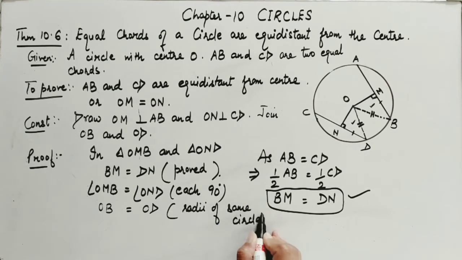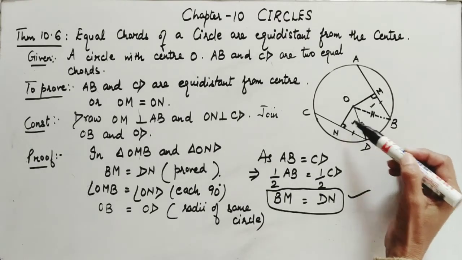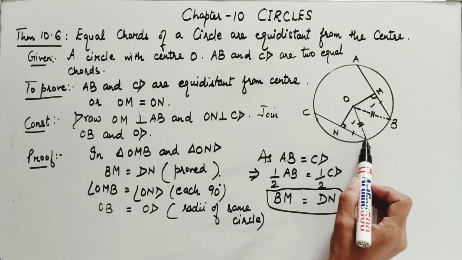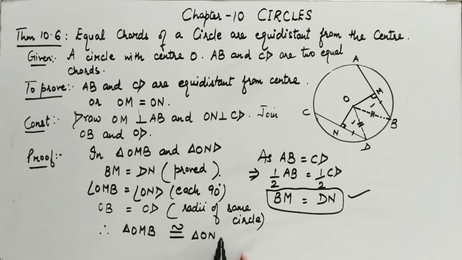Which rule is it? Observe it carefully. There was a right angle, there is one side, then hypotenuse. Triangle OMB is congruent to triangle OND by RHS rule, right angle, hypotenuse and one side.